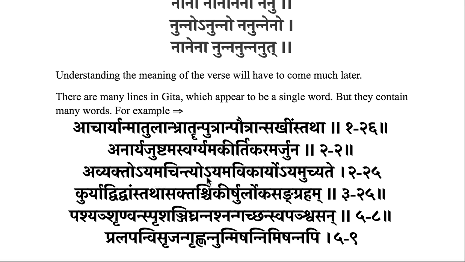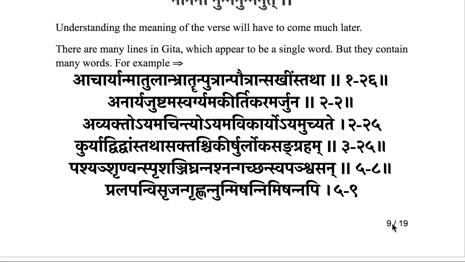Avyakto yamachintyo yamavikaryo yamuchyate, 2-25. Kuryad vidvansatha saktashtikirshur lokasangraham, 3-25. Pashan shunvan spushan jigran ashnan gachan swapanshasan pralapan visrujan grunhan unmishan nivishannapi, the second line of 5-8 and the first line of 5-9.